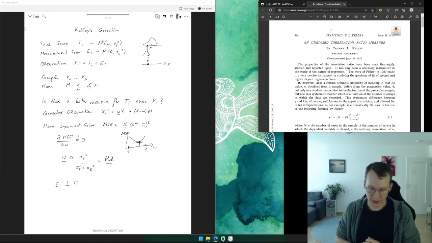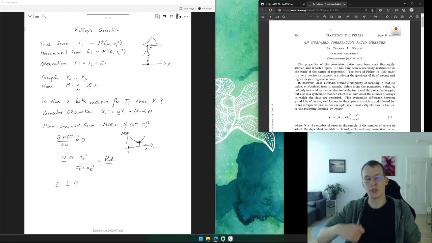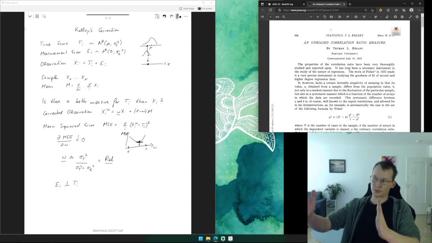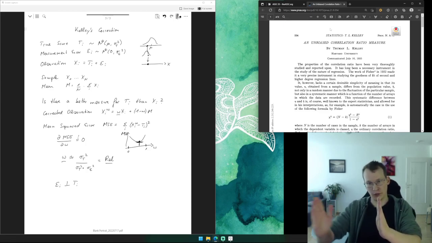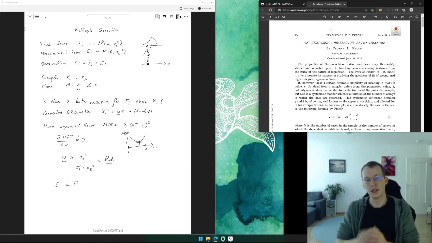However, if we have these corrected observations, their deviations from the true score will not be independent anymore of their actual values. Basically, because if we have a very large observation, we correct relatively much in comparison to observations that are close to the mean, which will only be shifted a little bit. And these differences of shifts will introduce some dependency.